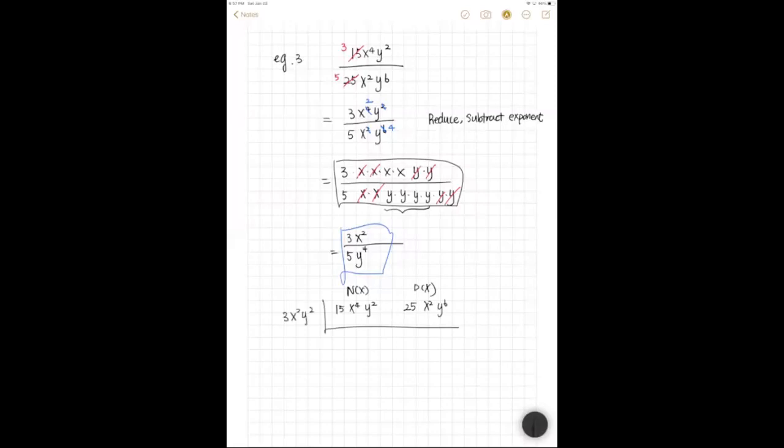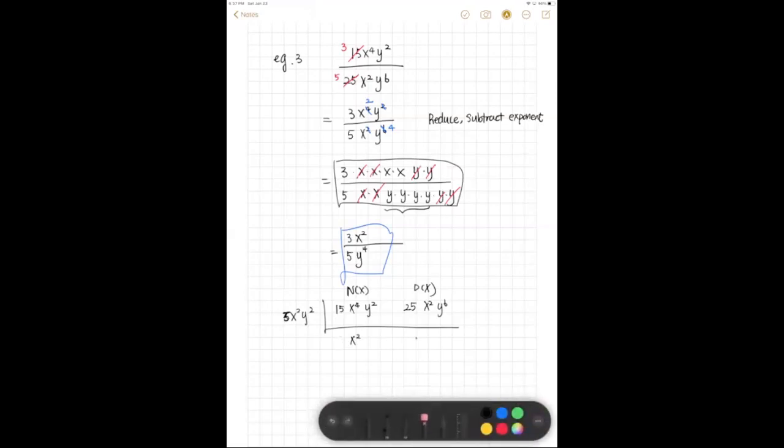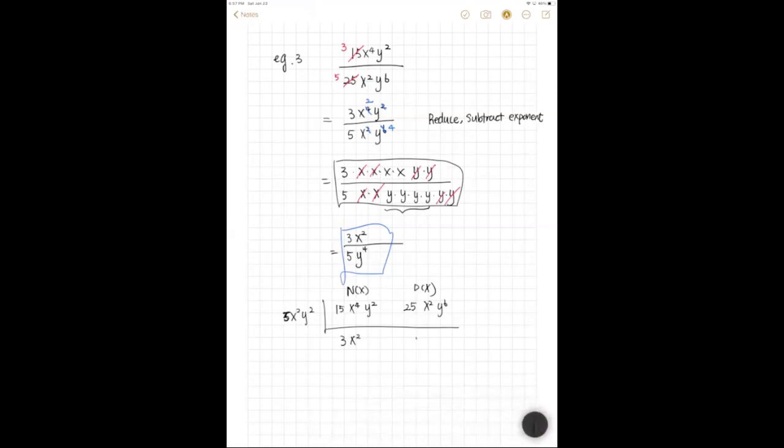So what's left is 3x squared, and here I have 5y to the 4th, right? Basically, you're just finding the greatest common factor and dividing both by it.